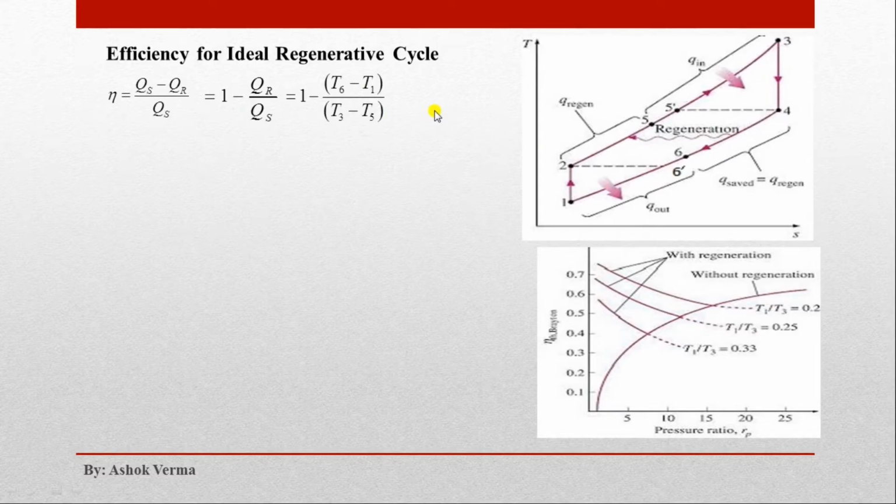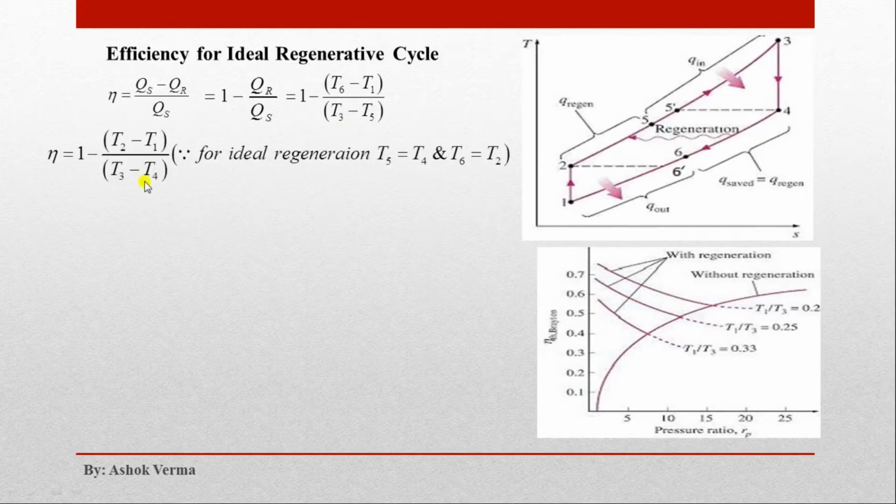So your heat supply will be T3 minus T5 and heat rejection will be T6 minus T1. So efficiency will be 1 minus (T6 minus T1) upon (T3 minus T5). For the ideal regenerator T6 will be T2 and T5 will be T4. So efficiency will be 1 minus (T2 minus T1) upon (T3 minus T4).